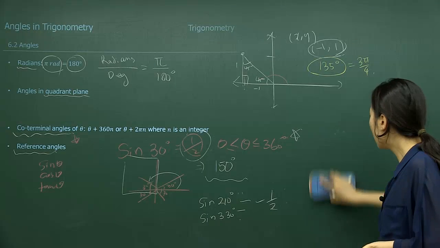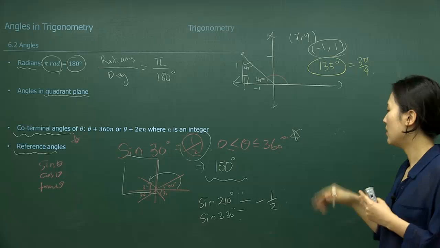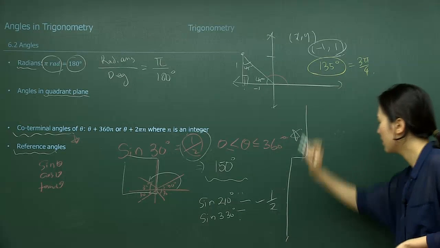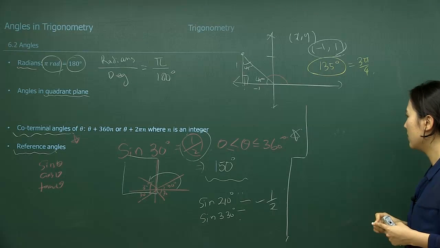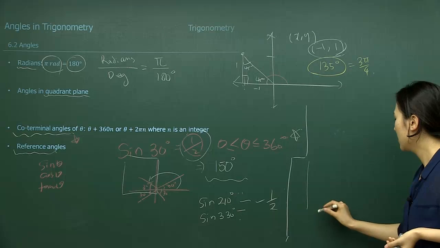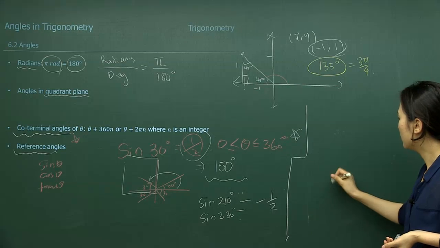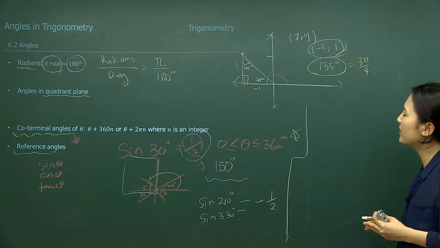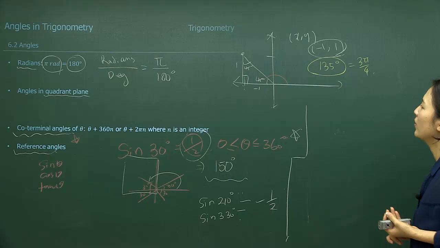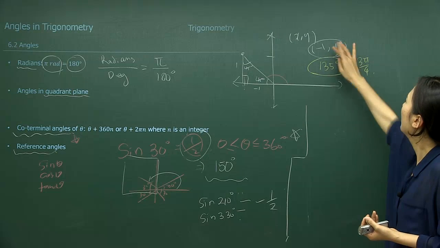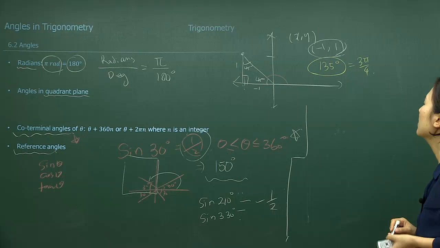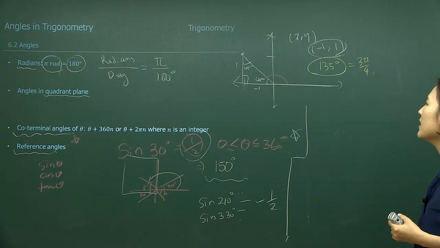Okay, one more question regarding angles or ratios. Here we go. What if you have a right angle triangle and you don't know what the point is, but all you know is the ratio?